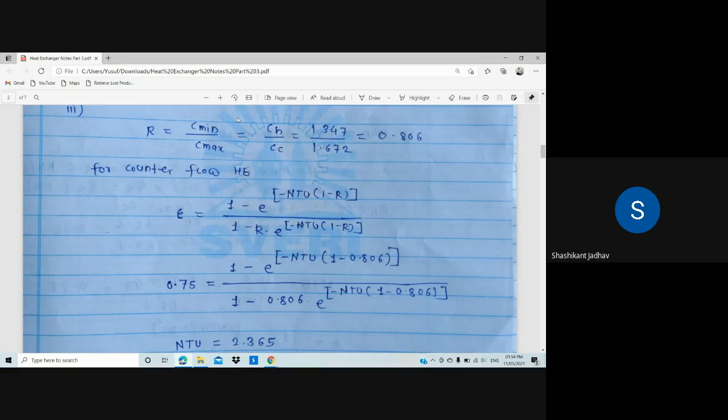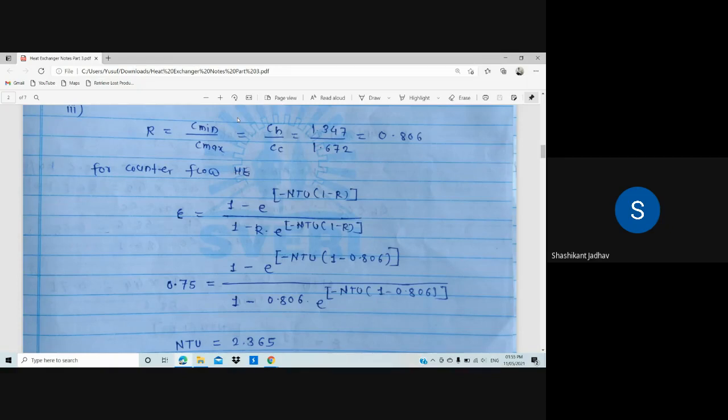Then what is the equation for the effectiveness for the counterflow exchanger? In the earlier calculation, for the effectiveness, we used the general equation. But for the counterflow exchanger, effectiveness is equal to 1 minus e raised to minus NTU into bracket 1 minus R, divided by 1 minus R into e raised to minus NTU into bracket 1 minus R. By using this equation, we have to calculate the value of NTU.